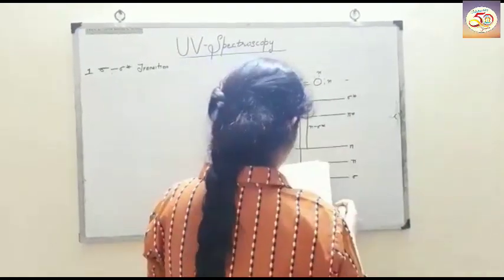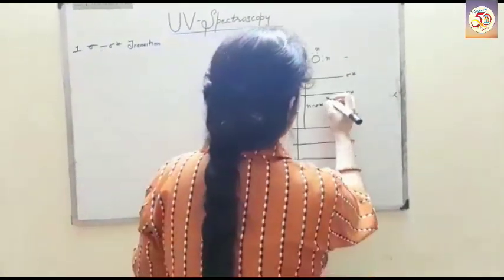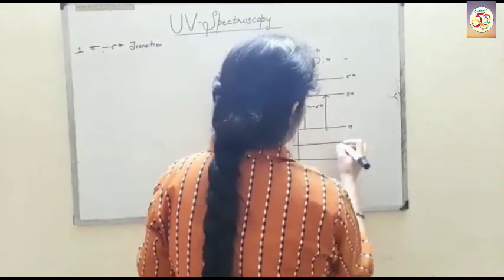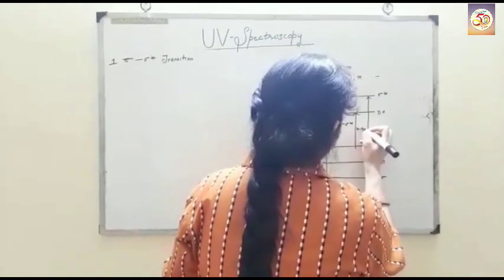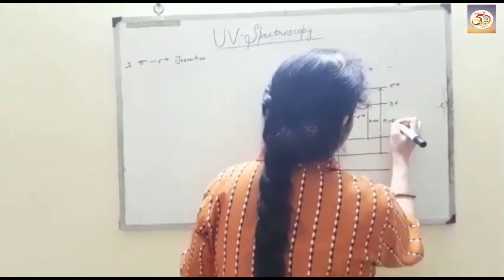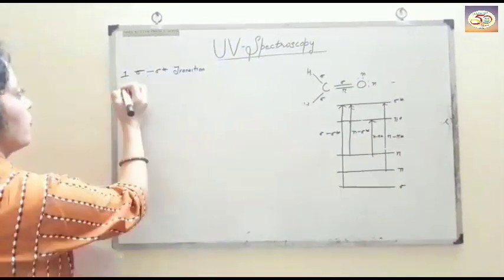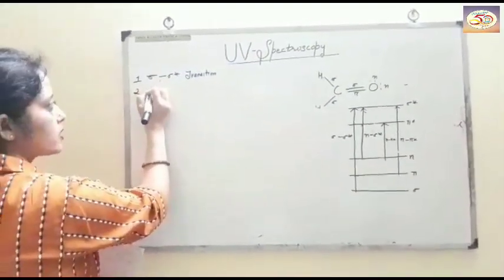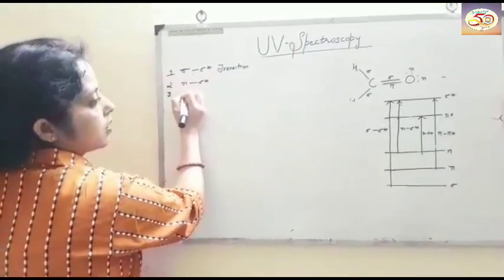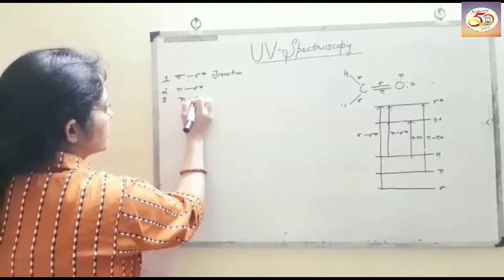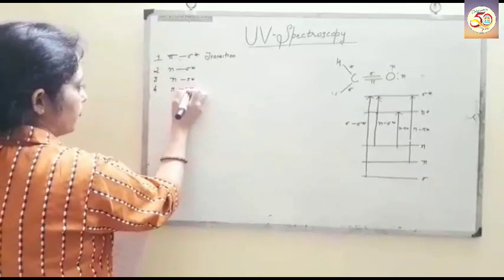Then comes n to pi star and pi to pi star. So we have four types of transition: sigma to sigma star, n to sigma star, third n to pi star, fourth pi to pi star.